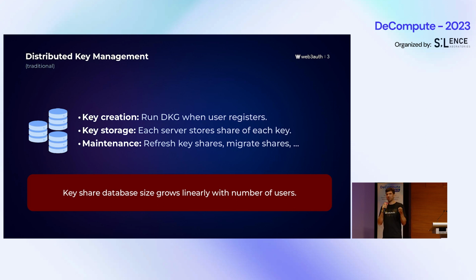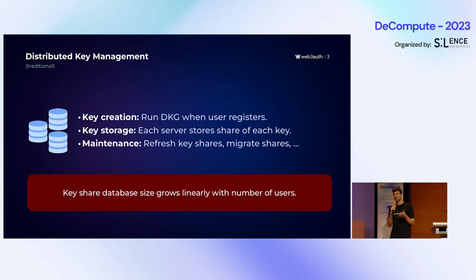In our case, this is currently millions of key shares, so each server stores a share of each key. Sometimes we also have to do maintenance work to refresh the shares, or migrate shared databases if we want to upgrade the system. All of that requires an amount of work and storage which is linear in the number of users.